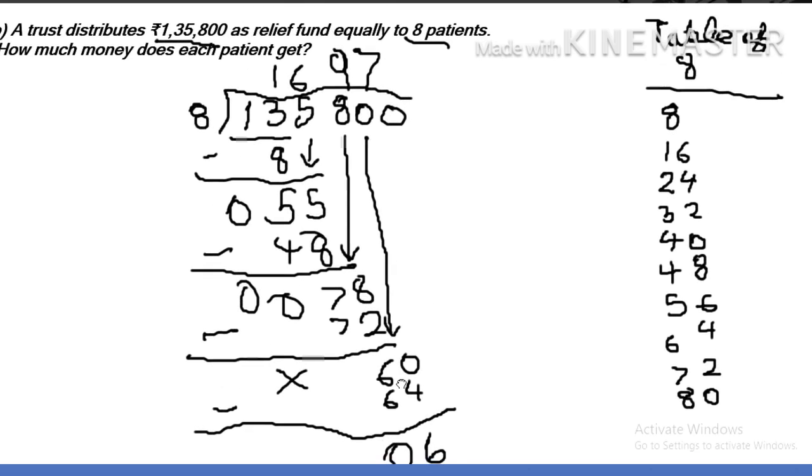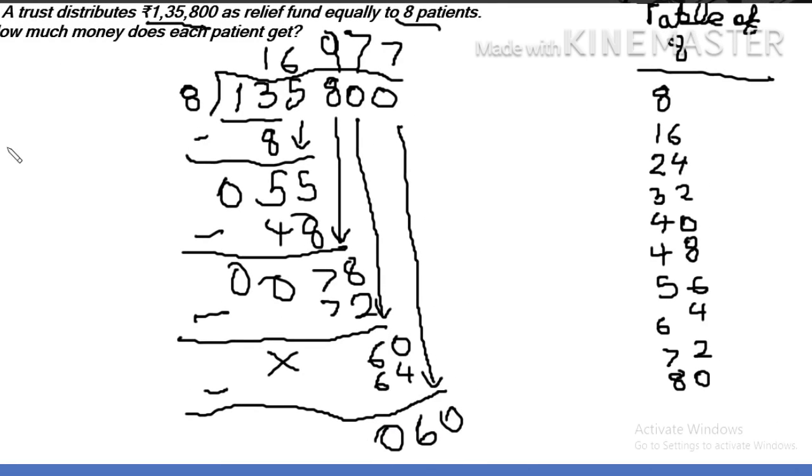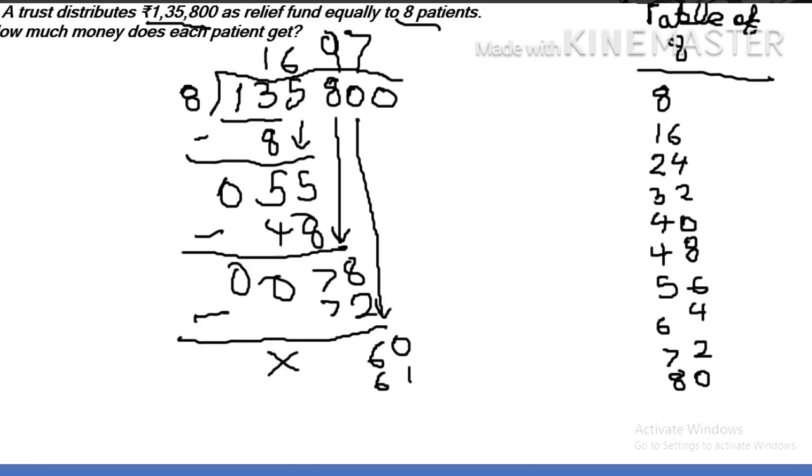Then we have 0. We will copy 0 once again. 60, 7 times 56 will go.